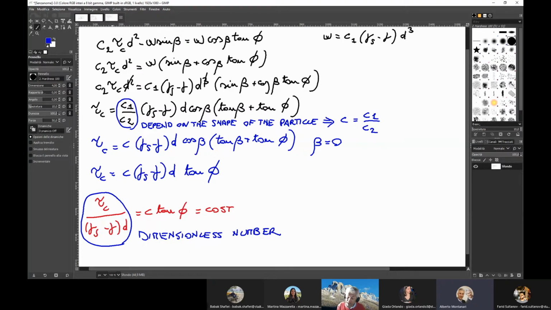So basically, it's a simplification, the fact that I assume the C2 constant. And then you may say, for instance, that I assumed that the particle is fully submerged, while probably it's unlikely that it's fully submerged. So another approximation.